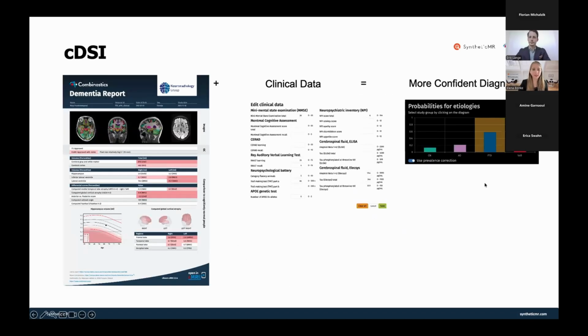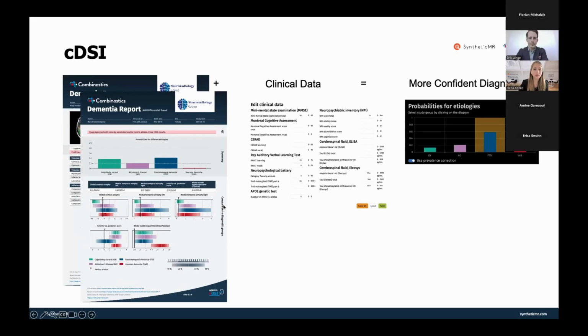To look at a specific case, we have now here again a dementia report that has some mild atrophy in the brain, let's say in more frontal areas, but based on the CDSI report here, it's also not very clear if the patient now really has frontotemporal dementia or may still be cognitively normal. So again, here really comparing to a patient database in the background.